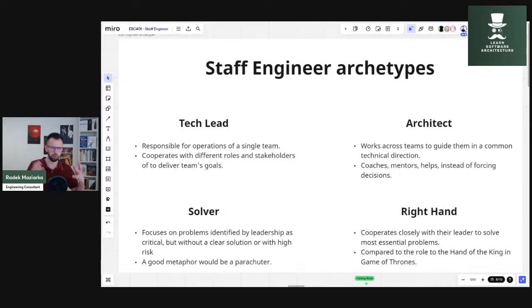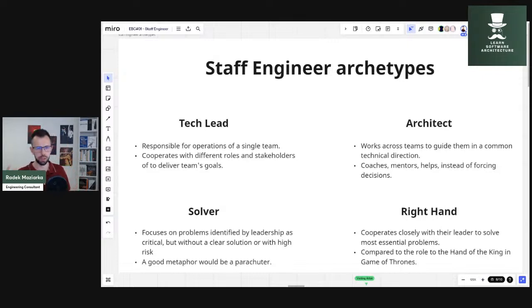You cooperate closely with your leader, for example your VP, to solve the specific problem the leader comes across in their organizational journey. If the leader has a specific problem, they can delegate it to you, and you act as the right hand.